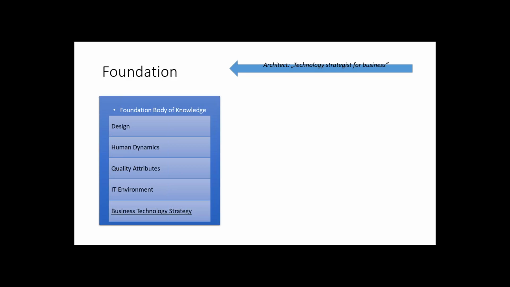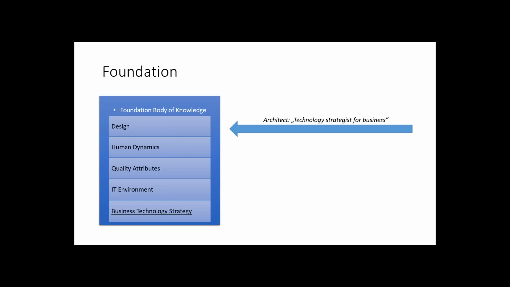They came up with this idea, and we are constantly working on upgrading this knowledge. Some of the behaviors we are trying to change, but more or less the foundational pillars around design, human dynamics, quality attributes, IT environment, and BTS remain the same.